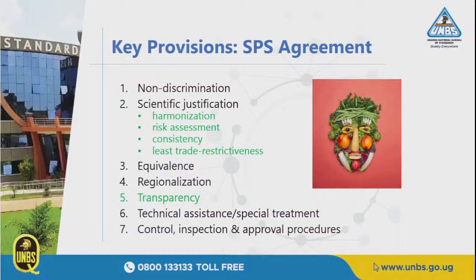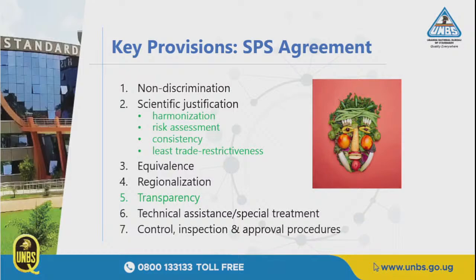Transparency. Again, we can put in place, adopt and enforce SPS measures, but we must ensure that we develop those measures in a transparent way. And what does it mean? The first thing is that we need to announce our intention that we are going to put in place an SPS measure. The second thing is that when we have the draft measure in place, then we should notify it to the SPS committee or to WTO.